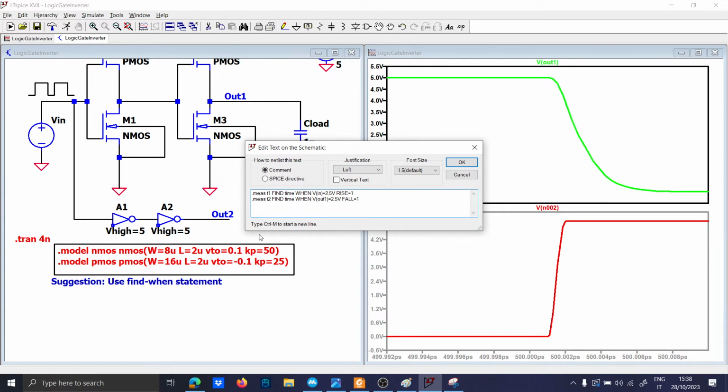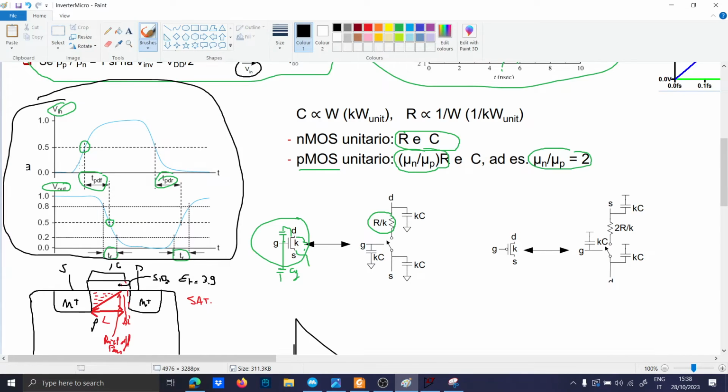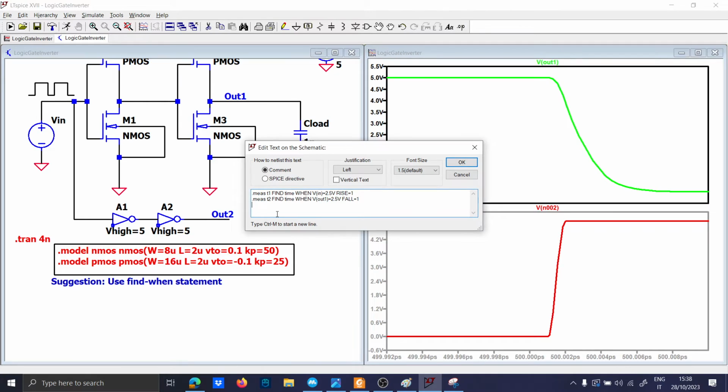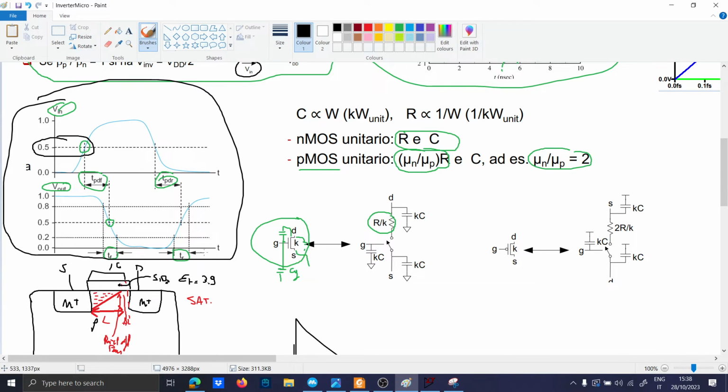So what we are going to do now is to calculate. First, you can find when the input is at this point here, and we write it here. When the in is equal to 2.5 and rise equal to 1, and it is here. Then we have to find the point in which the output is at 2.5.